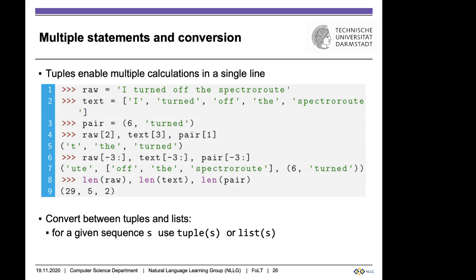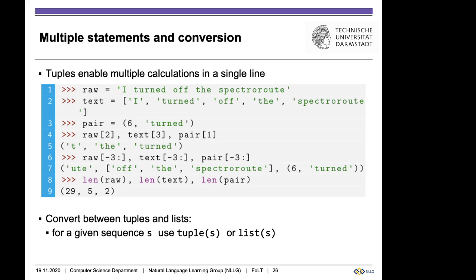And in line 6, we access the sublist of these inputs ranging from the last 3 tokens to the end, and the result is also in a tuple structure. In line 8, we can get the length of each input in a tuple structure as well.